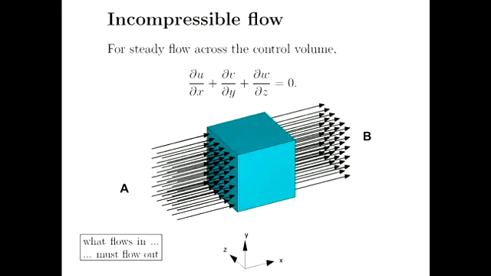When you're moving fast enough, you can get this counterintuitive scenario where you get a build-up of mass within that control volume, which means that the volume isn't changing, so the density of that flow is actually changing. So you can restrict the flow out of B, and rather than that fluid just squirreling out around the sides, you can actually just change the density of the fluid in order to preserve conservation of mass. That probably makes little sense to you at the moment, but that's the premise that we're going to work on for the latter half of this course.